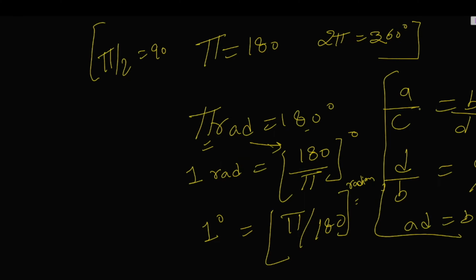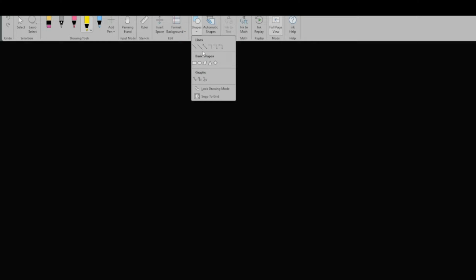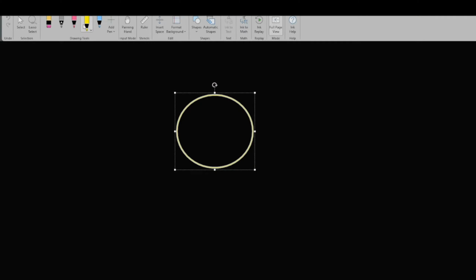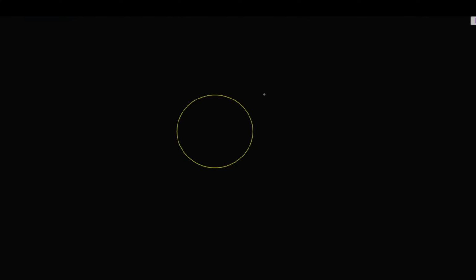Say there is one circle with center O, and there is a point. Okay, let me redraw it properly. Say we have a circle here. Now it says that there is a tangent to this circle at a point A here.